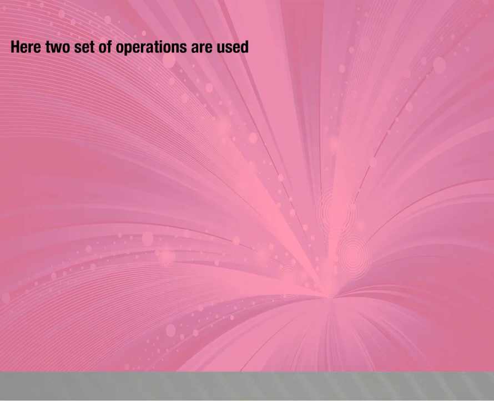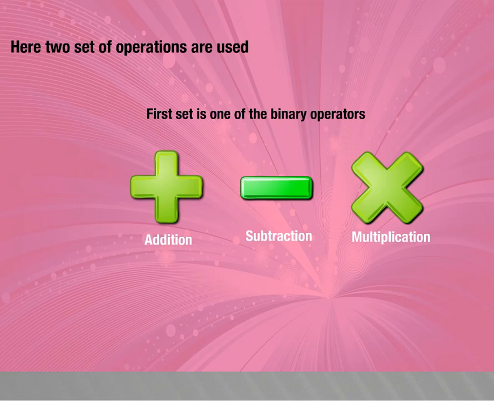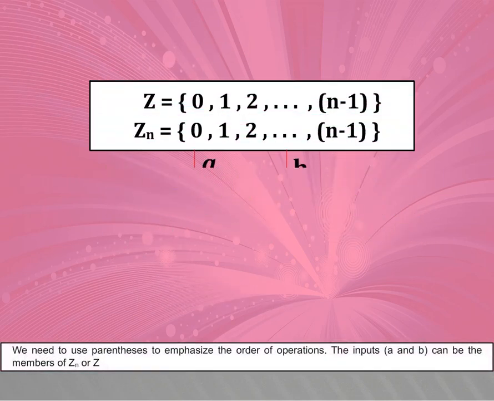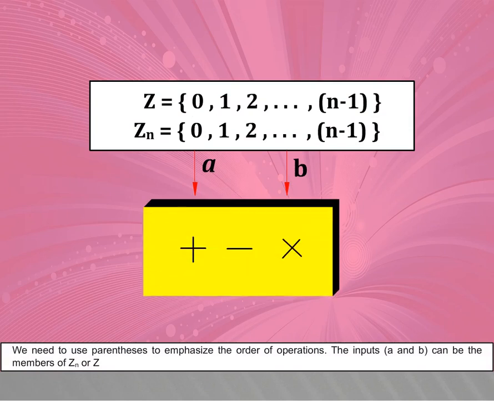Here, 2 sets of operations are used. The first is one of the binary operators: addition, subtraction, multiplication. The second is the mod operator. We need to use parentheses to emphasize the order of operations. The inputs a and b can be members of Zn or Z.